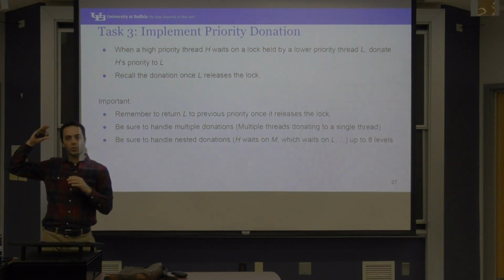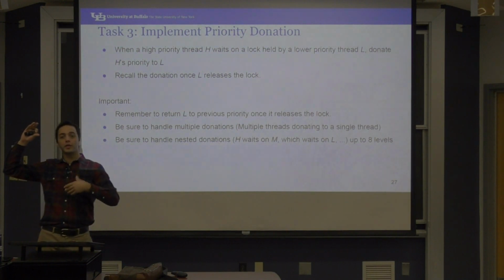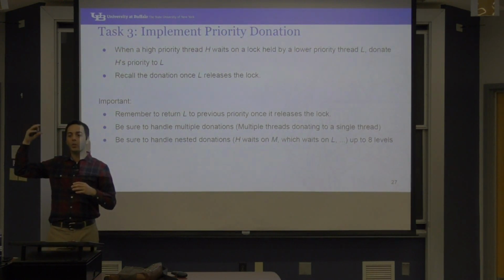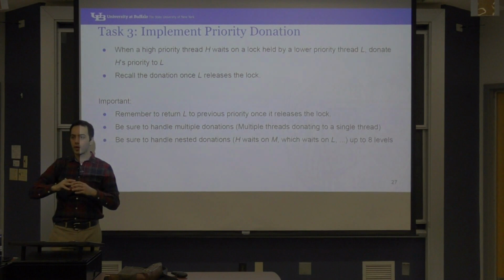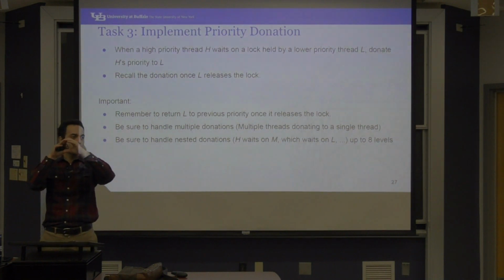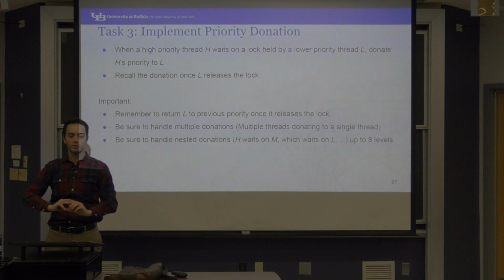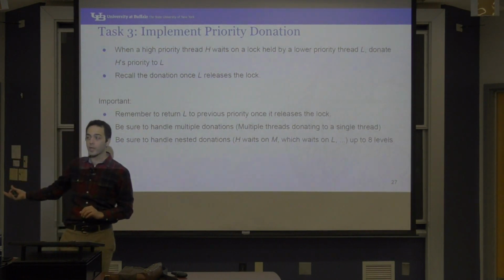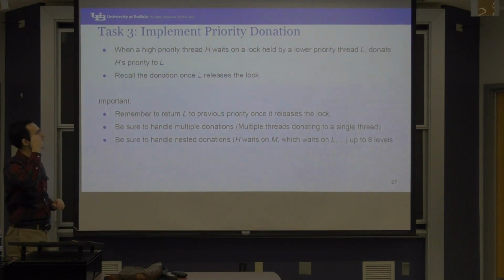So when a higher priority wants to wait for a lower priority and make sure that this one makes progress, this donates its own priority to the lower thread. This bumps up. Now a medium priority cannot intervene in this one until it releases that lock, and then it goes back to the lower level. Now the higher thread is not waiting anymore. Now it can get scheduled back, right?